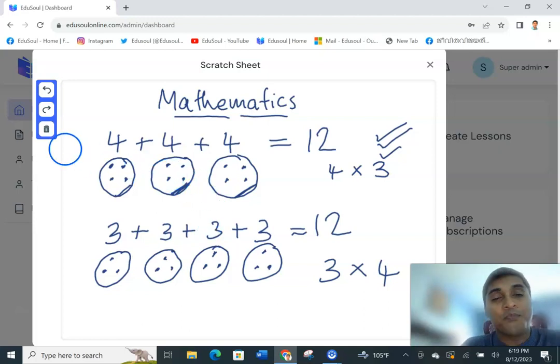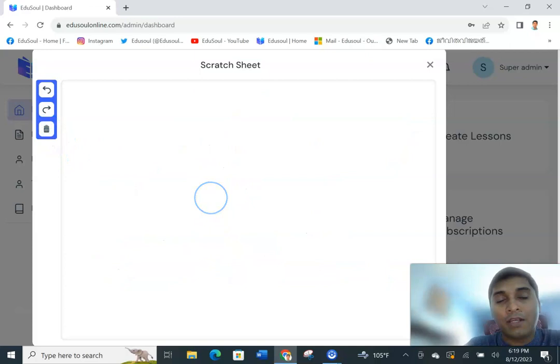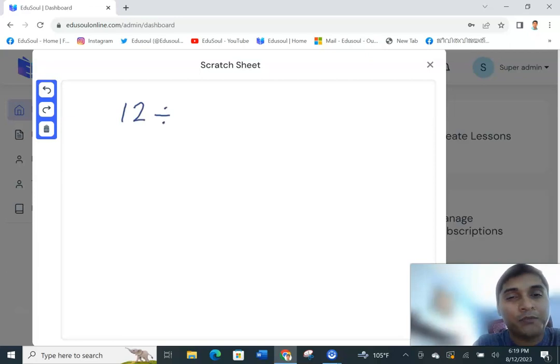Now what you should do when you have subtraction or division, okay, subtraction you already know, that's take away, right? You reduce things. But what about division? So you had the same numbers like 12 divided by 4. The question is how many groups of 4 you can make with 12.